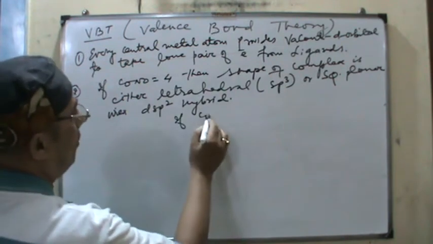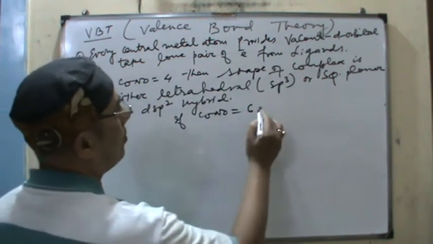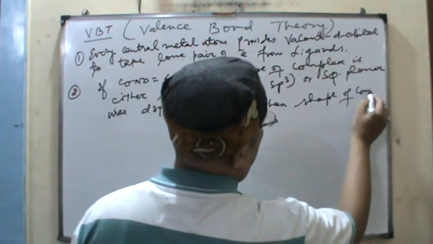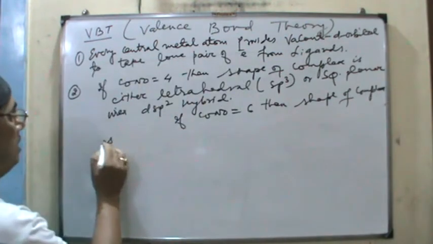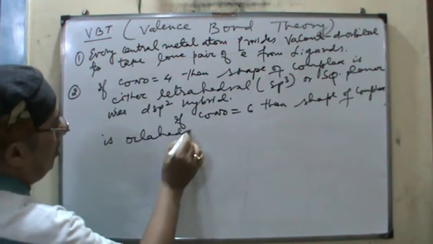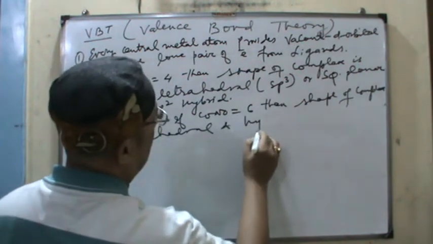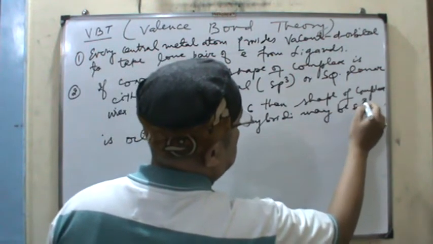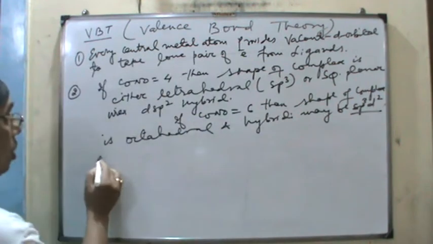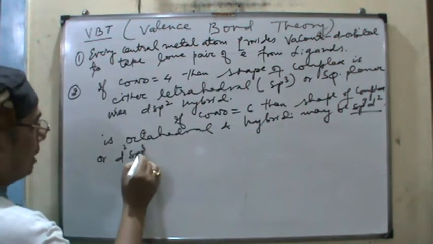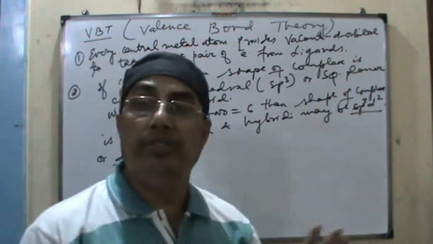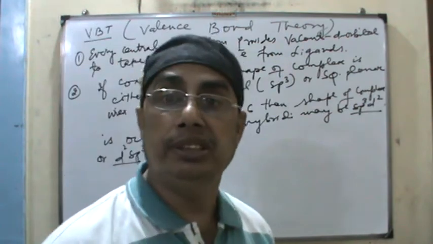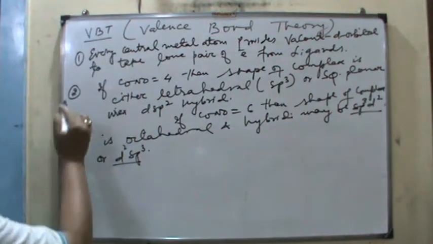But if coordination number is 6, then the shape of the complex is octahedral and hybridization may be sp3d2 or d2sp3. There must be some differences between sp3d2 and d2sp3. How do you make the difference? They are entirely different.